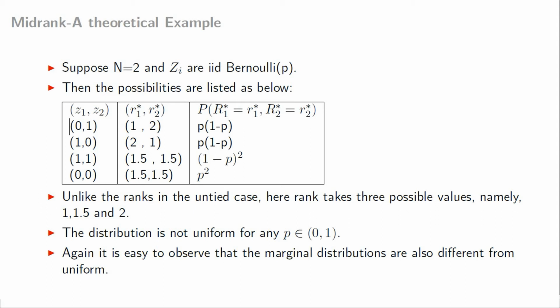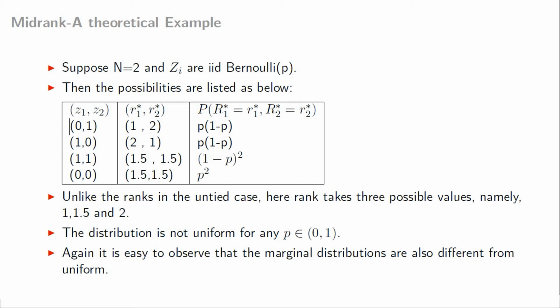Again, if we have the observed value of (Z1, Z2) as (1, 1), then we get the midrank vector as (1.5, 1.5), and the probability corresponding to this is simply (1 minus p) whole square. In this way, for the remaining possibilities we can calculate the distribution of R1* and R2*. Now we find that, unlike the ranks in the untied case, here the rank takes three possible values, namely 1, 1.5 and 2.